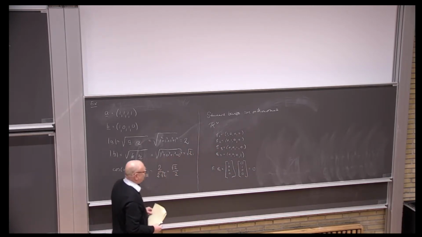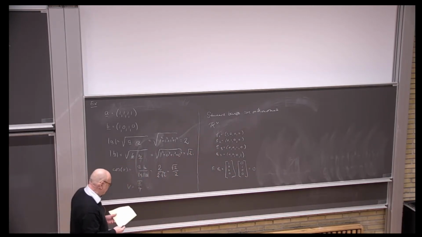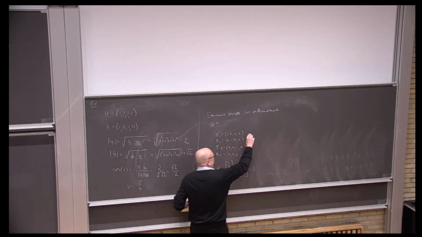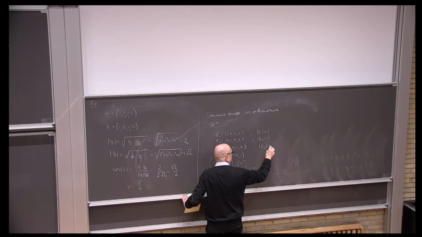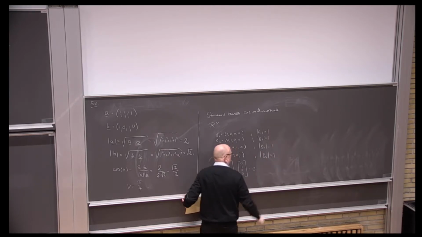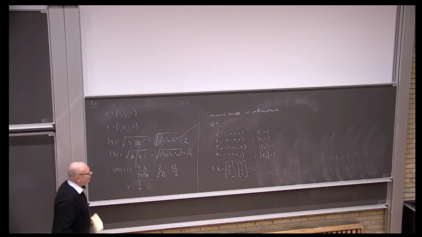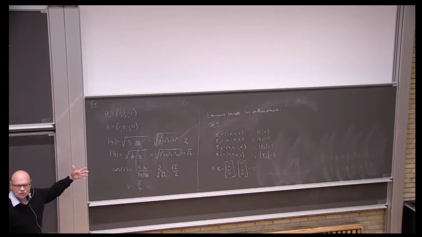They are orthogonal. And you can see here that the lengths are all 1. And this goes, of course, also for Rn, where n is arbitrary.